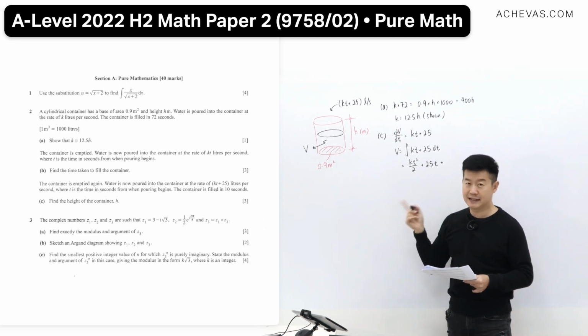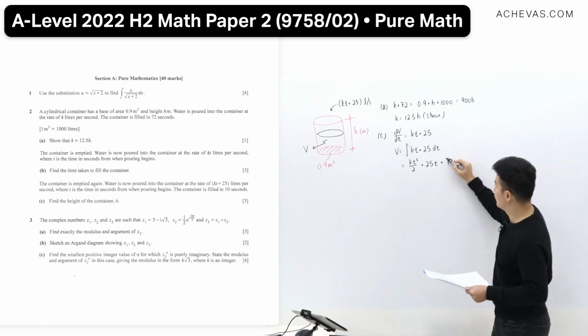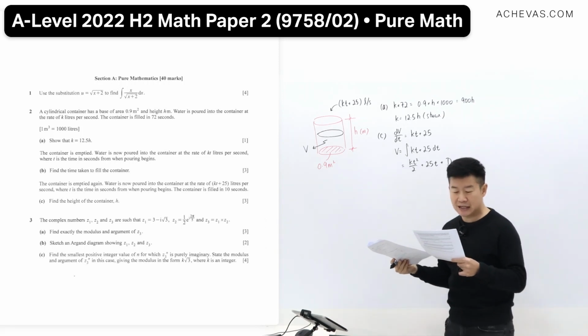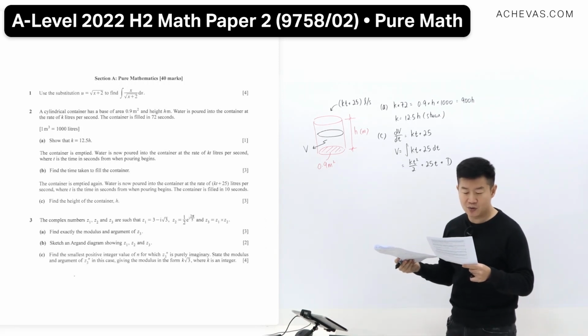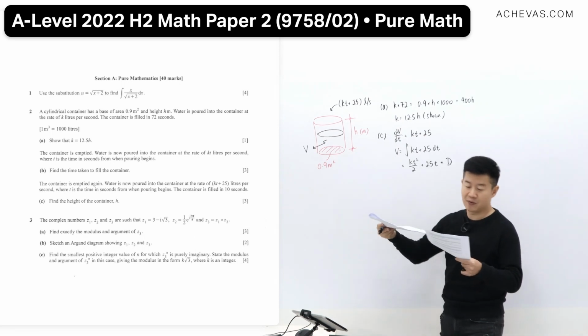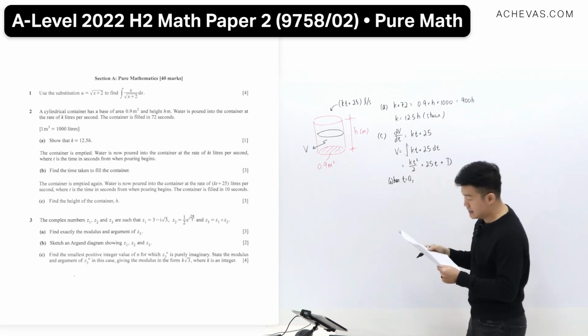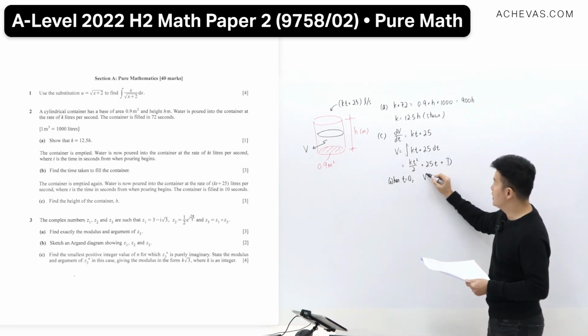We have used C previously, so let me go for a D here. And because the question mentioned again that the container is going to be emptied when water is first poured in, by making use of that piece of information, initially when T is equal to 0, V is going to be equal to 0.